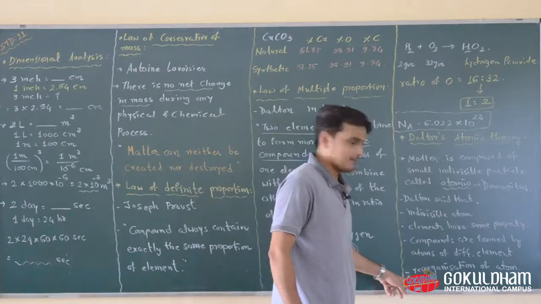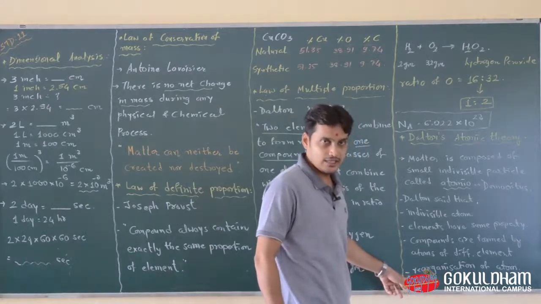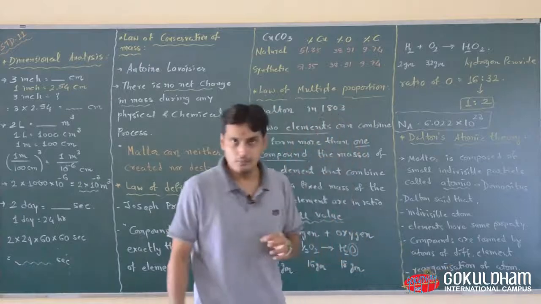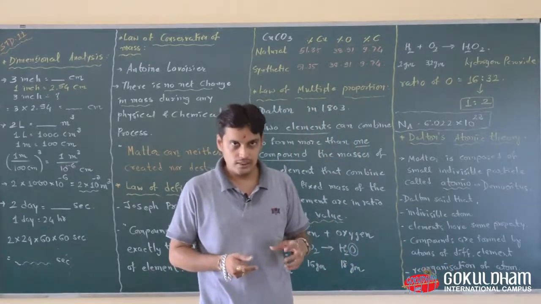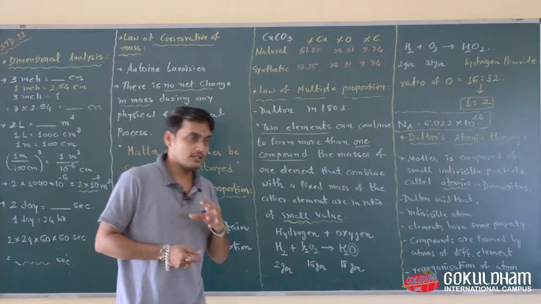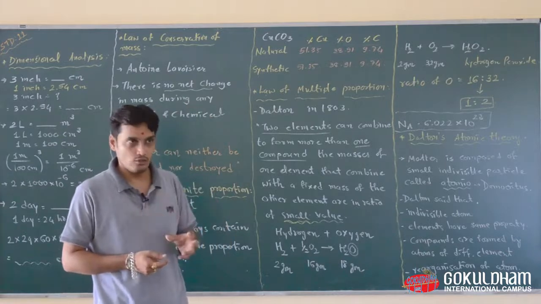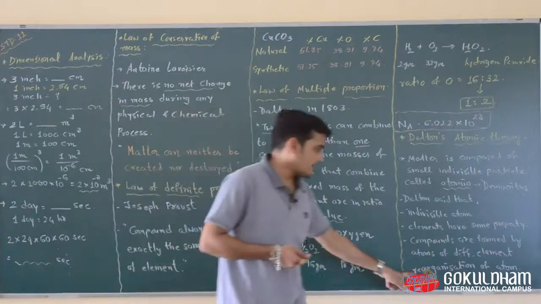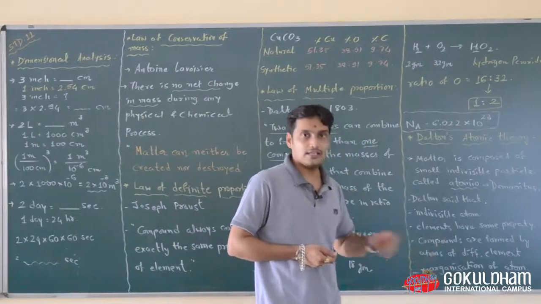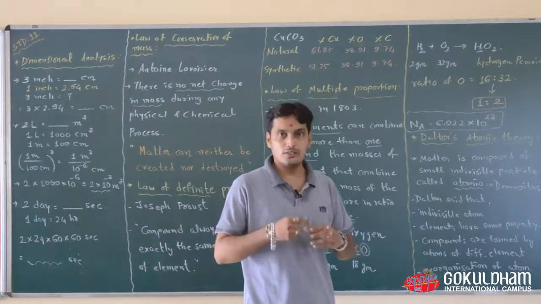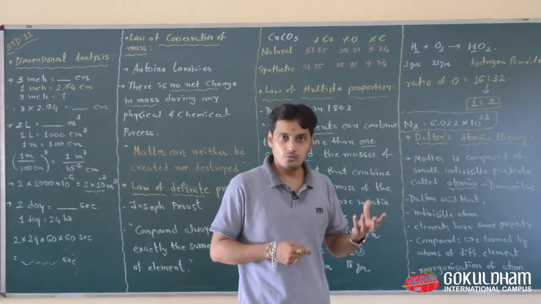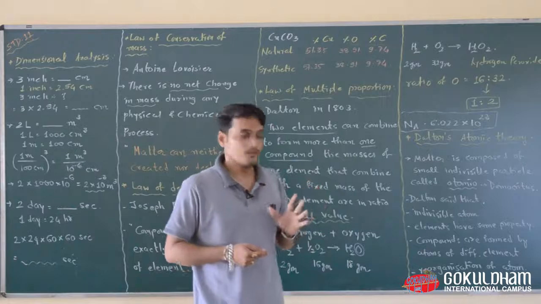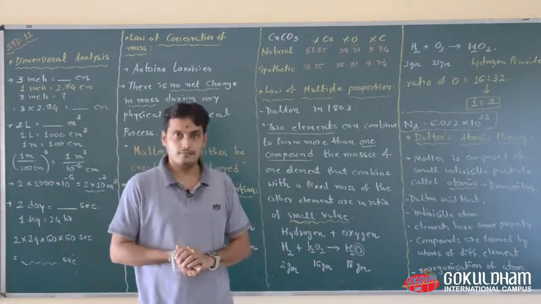And the fourth and last point, which is given by Dalton, is that the reorganization of atoms is possible during chemical or physical processes, but we cannot create or destroy the atom or particle during chemical reactions. So the rearrangement of atoms is possible. So you can convert H2O into H2O2, but you cannot totally destroy that molecule by this theory.